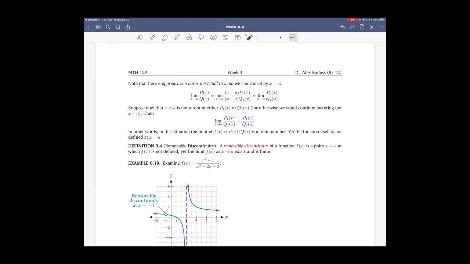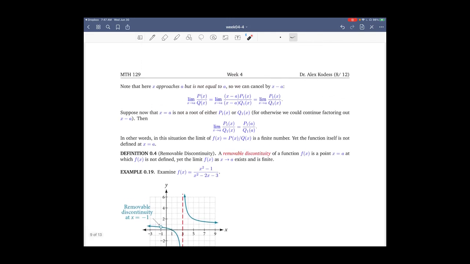And now the interesting move. Because x approaches a, x is not exactly a. We can cancel this by x minus a. It's safe. X minus a is not 0.